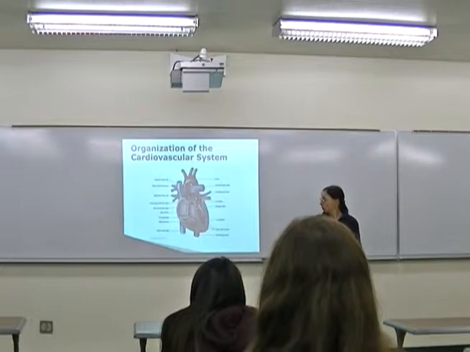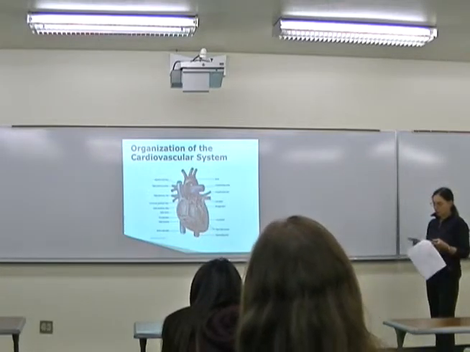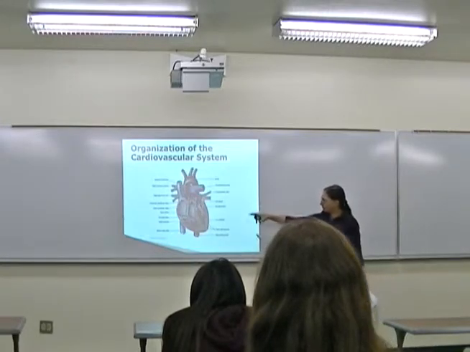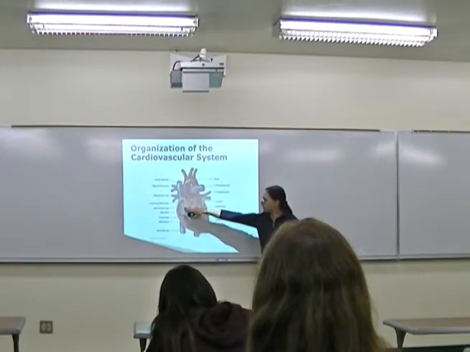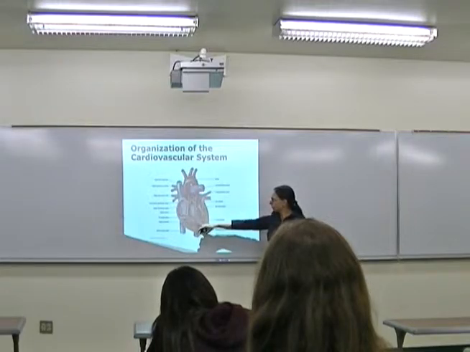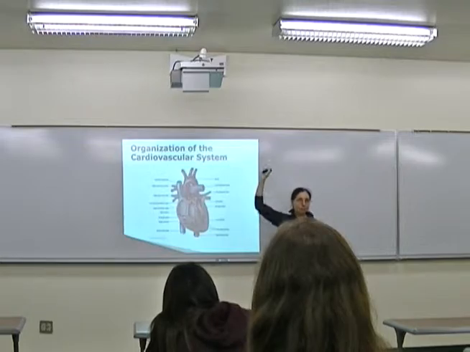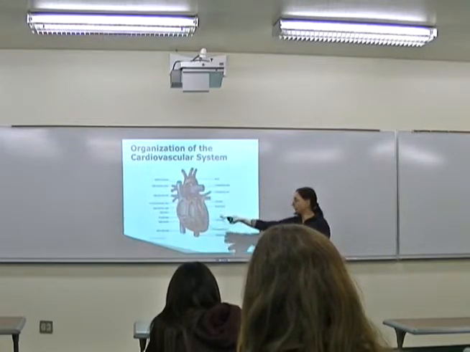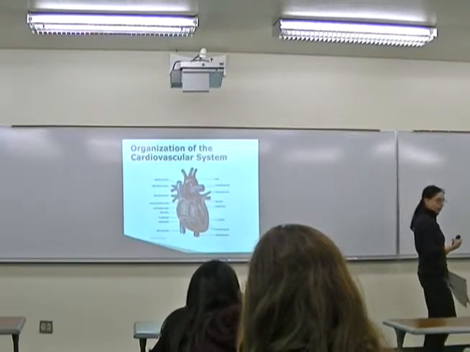And the structure, okay? So our structure is important because we've got to know the flow, right? I'm coming in to the right atrium, I'm going down to the right ventricle, I'm coming out to the lungs, I'm coming back from the lungs into the left side of the heart, and the left ventricle is responsible for moving the blood out around the body.